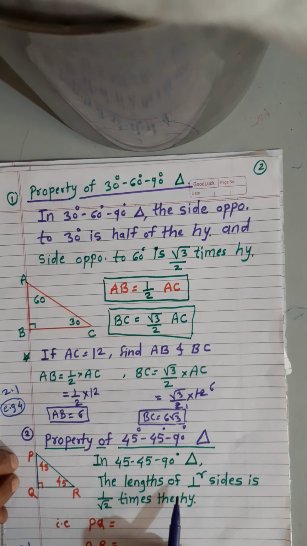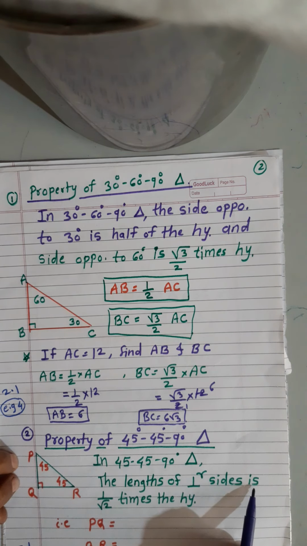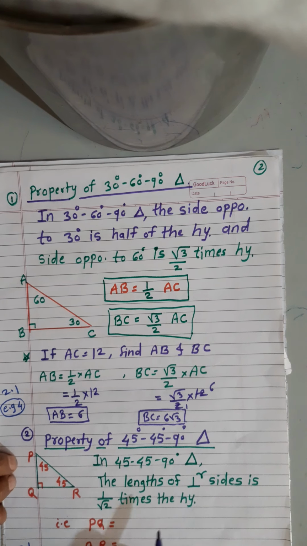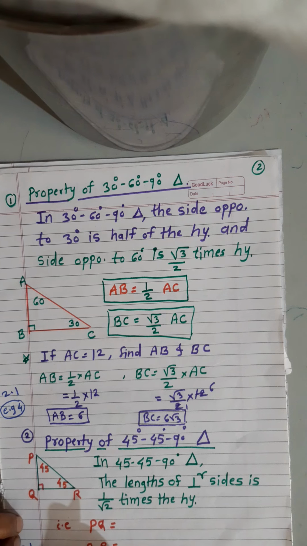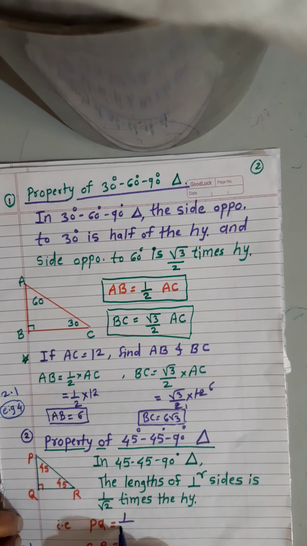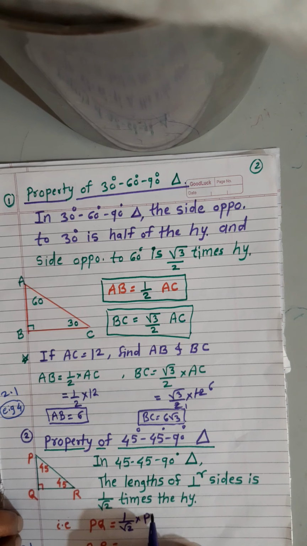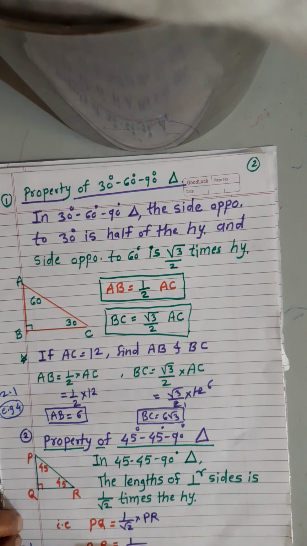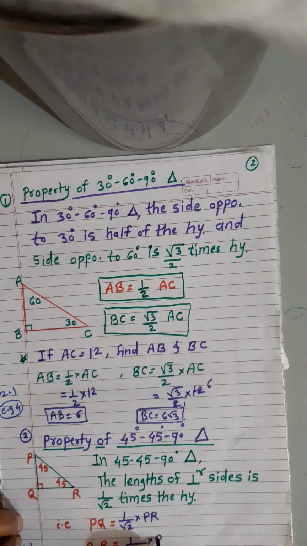The lengths of the perpendicular sides in a 45, 45, 90 triangle: which are the perpendicular sides? PQ and QR. The length of the perpendicular sides is 1 upon root 2 times the hypotenuse. Means PQ equals 1 upon root 2 into hypotenuse. Also QR is a perpendicular side, therefore QR is also 1 upon root 2 into hypotenuse.